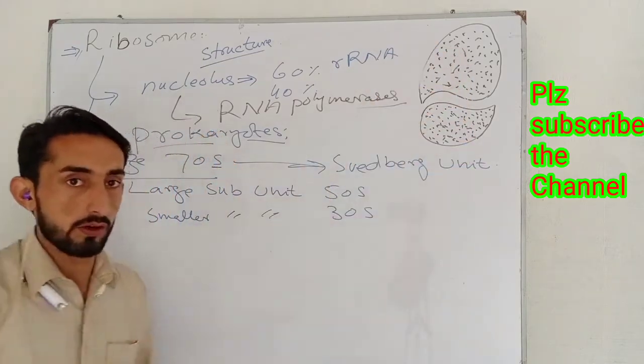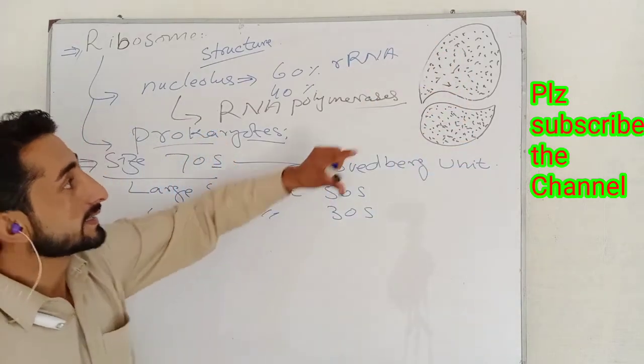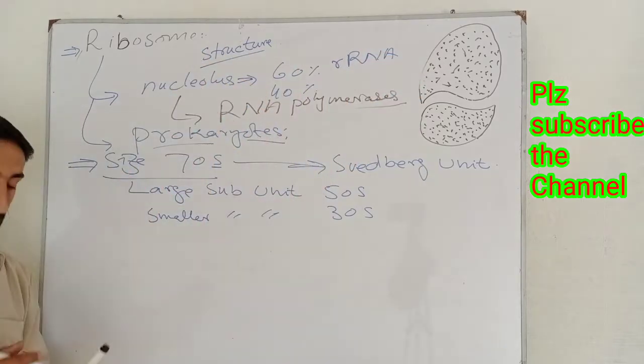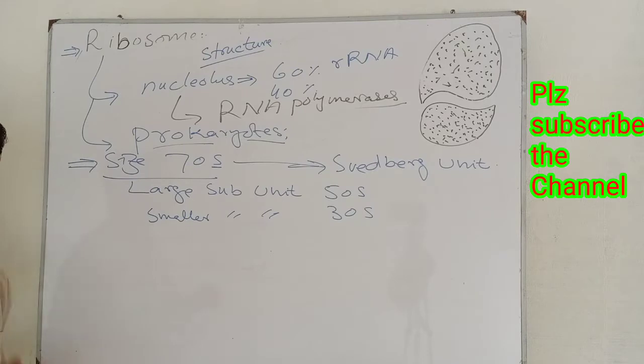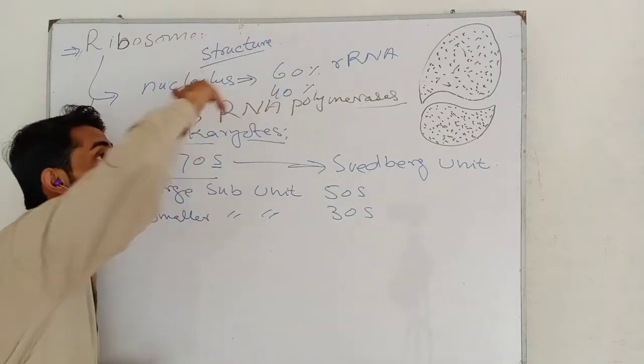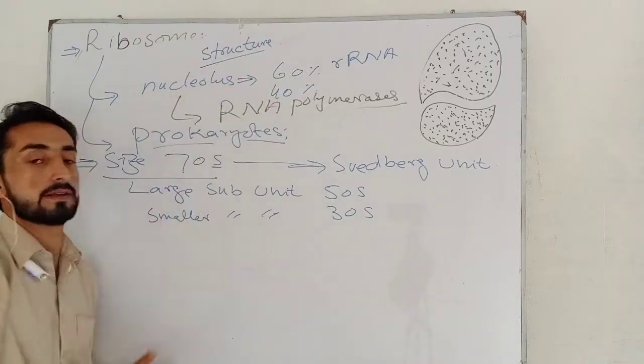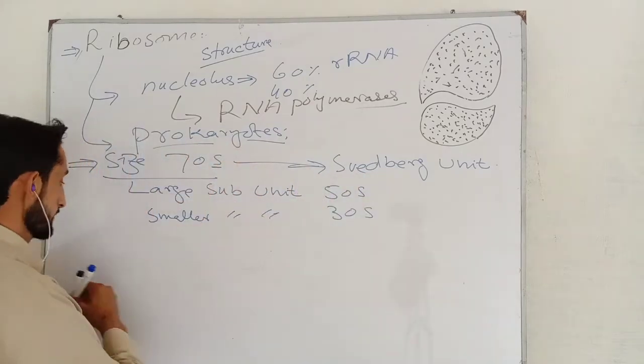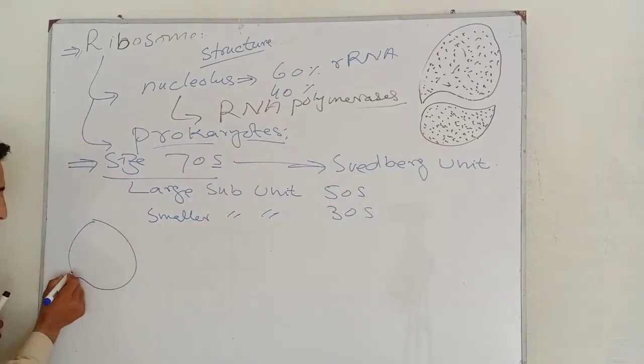Suppose this is the prokaryotic ribosome: this one is the 50S and this one is the 30S. We said that it is made up of 60% ribosomal RNA and 40% protein. So let's look at this larger subunit, the 50S.